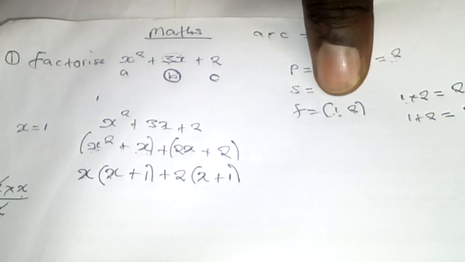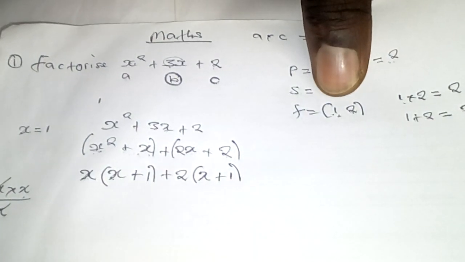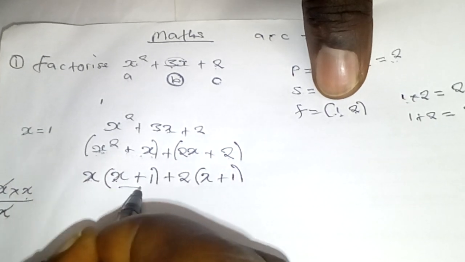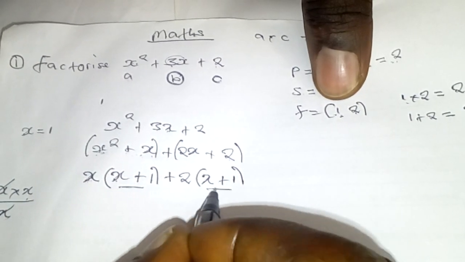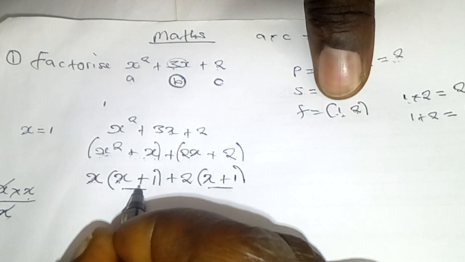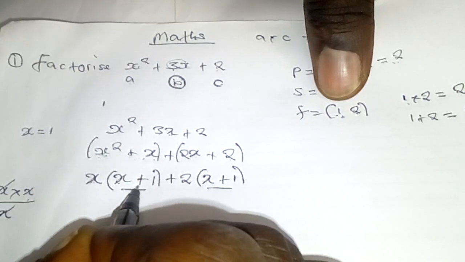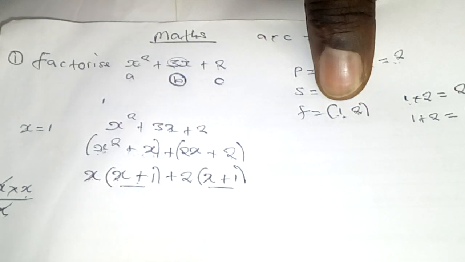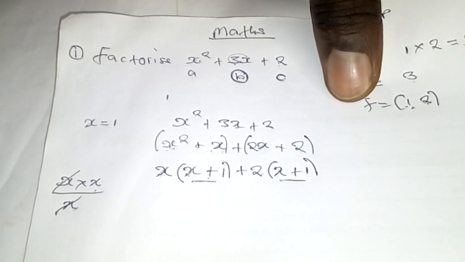We close the brackets. Now here we must be very careful that the values inside the brackets must correspond, they must be similar. If here it is a positive, even this side there must be a positive. That is the principle to be followed.